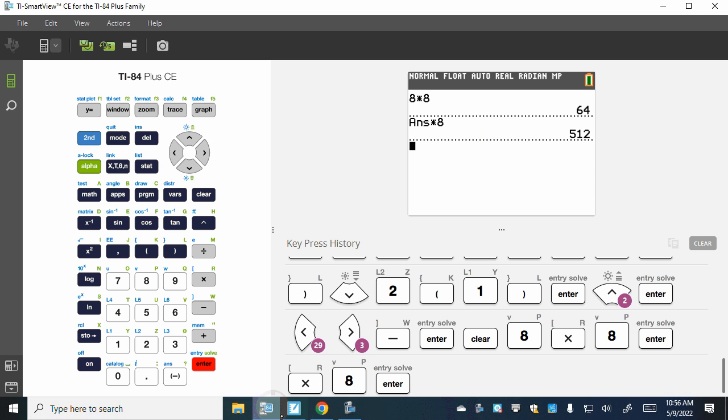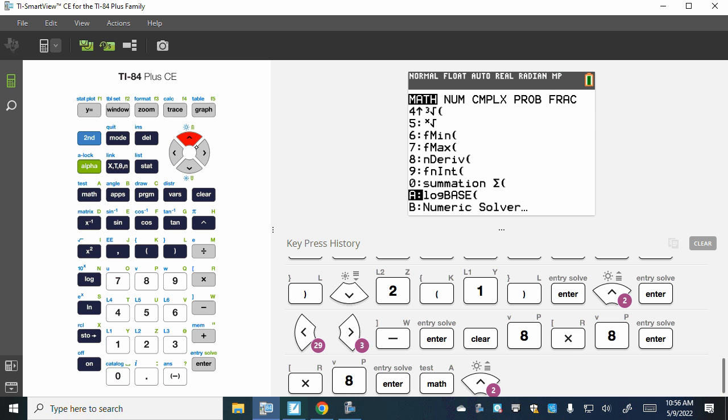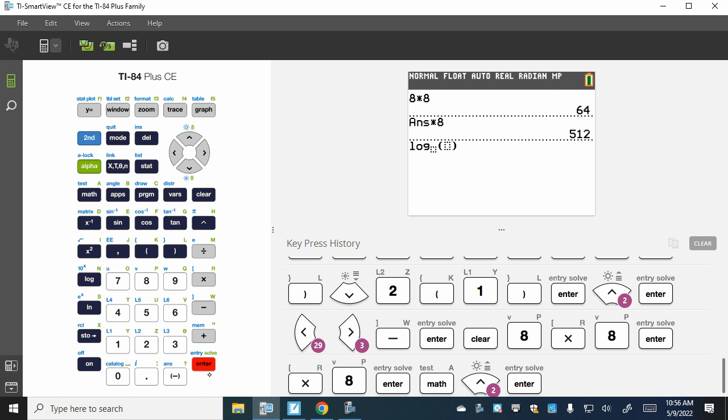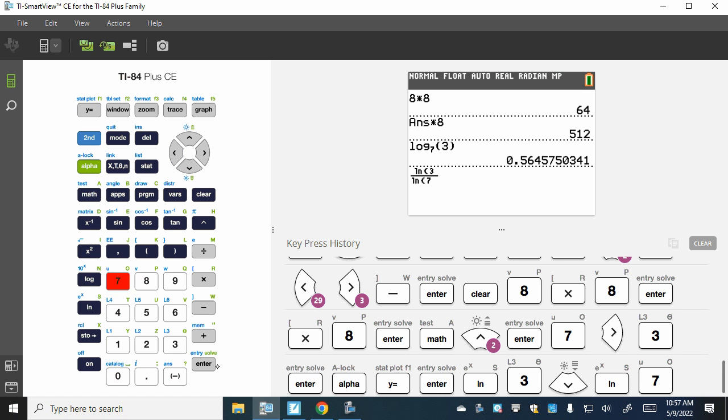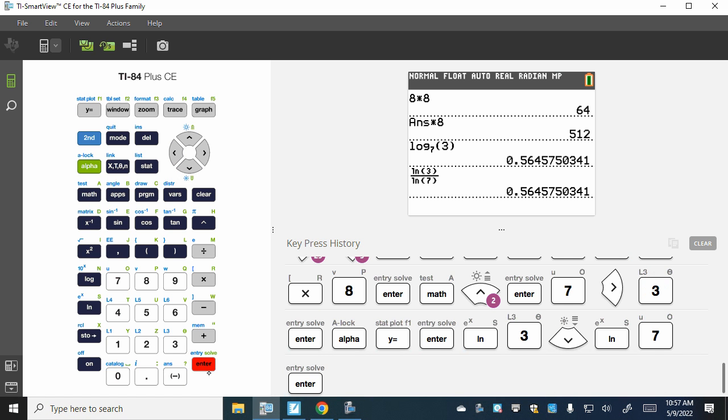If we type this in a calculator and go math, log base 7 of 3 and hit enter, we get 0.564575 going on. I'm going to do ln of 3 over ln of 7. We get the same thing.